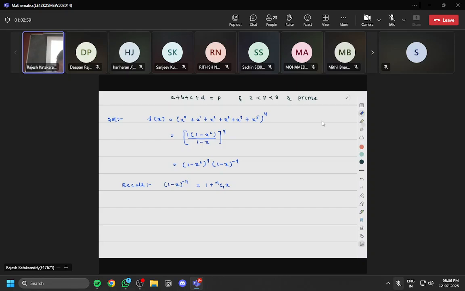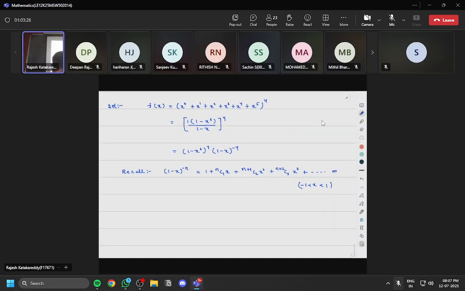Add 1 above, add 1 below. This is n plus 1 C2 x square, n plus 2 C3 x cube, and so on. You have infinitely many terms. This is under the assumption x is in between minus 1 to plus 1. Clear? Right? This is the binomial theorem for negative integral index.